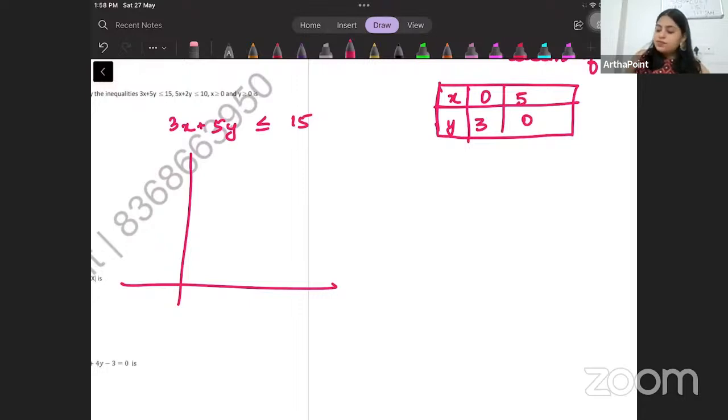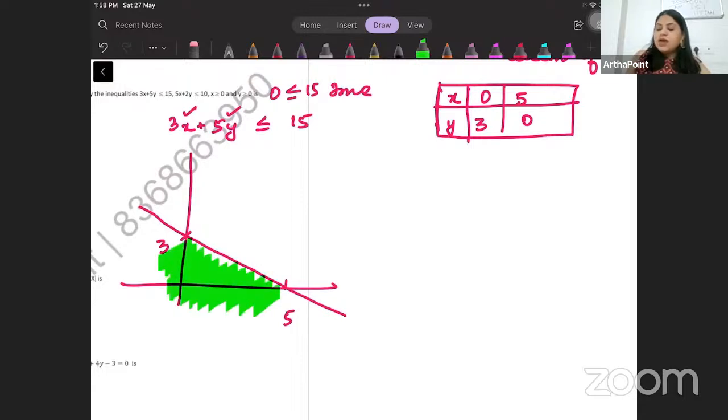So you will get a line something like this. This will be 5 and this will be 3. If you put 0, 0, then 0 less than or equal to 15 is a true statement, so you will shade towards the origin.